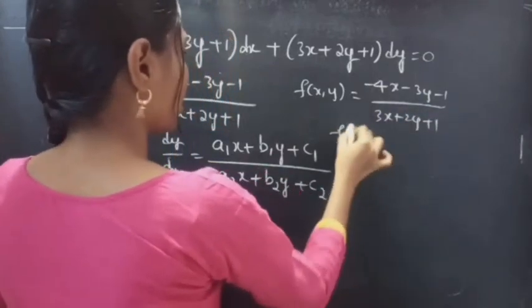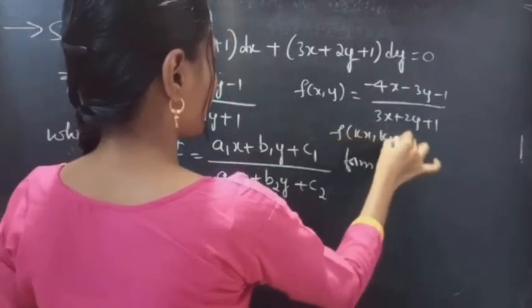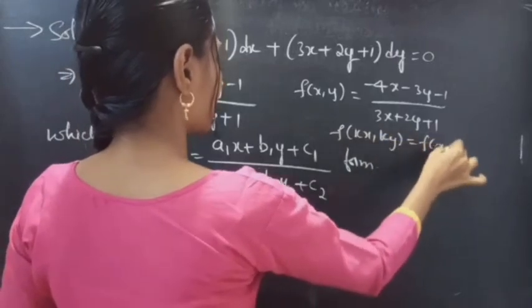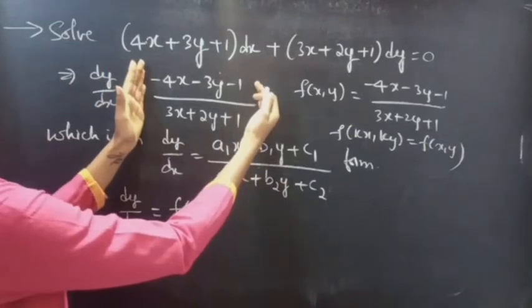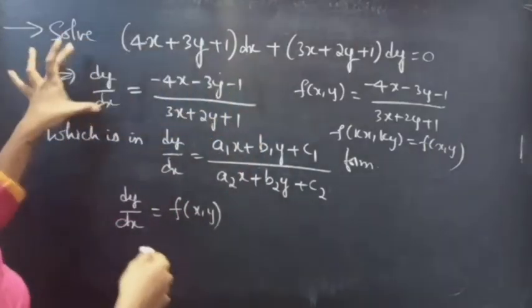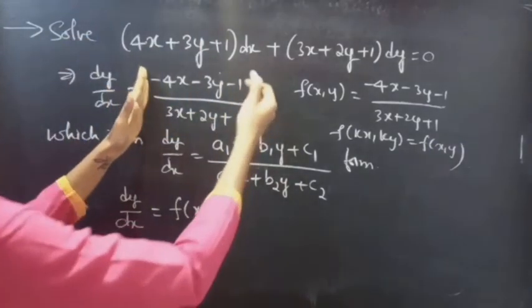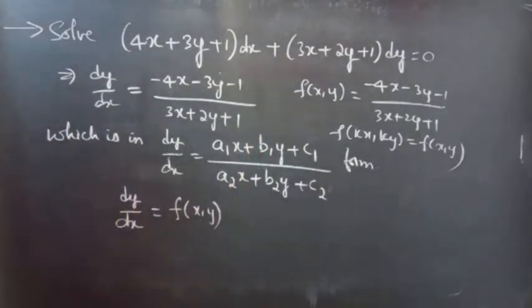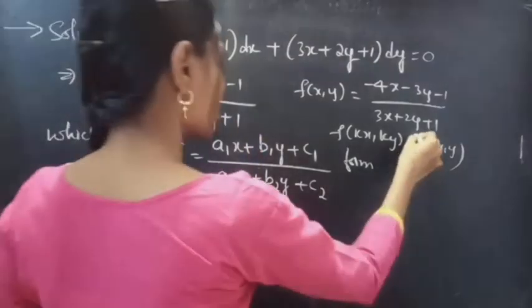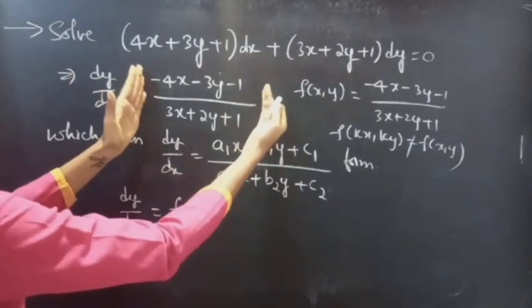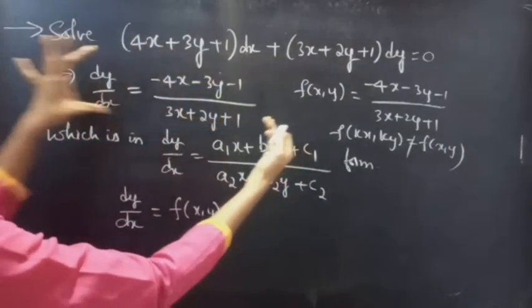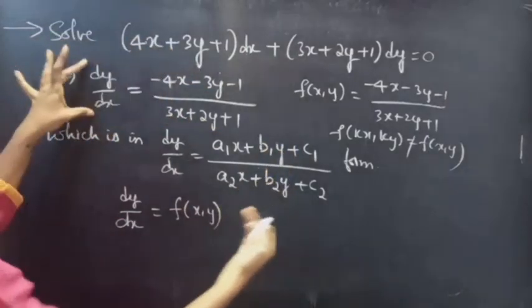If f of kx, ky equals f of x, y, then we can say that this function is a homogeneous function. Then the differential equation involving a homogeneous function will be called a homogeneous differential equation. If this does not happen, then we'll call it a non-homogeneous function.